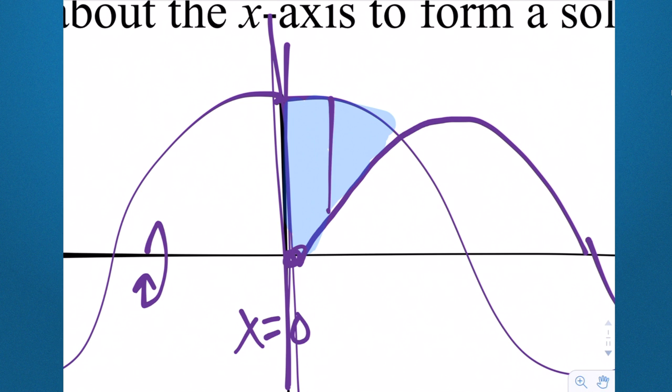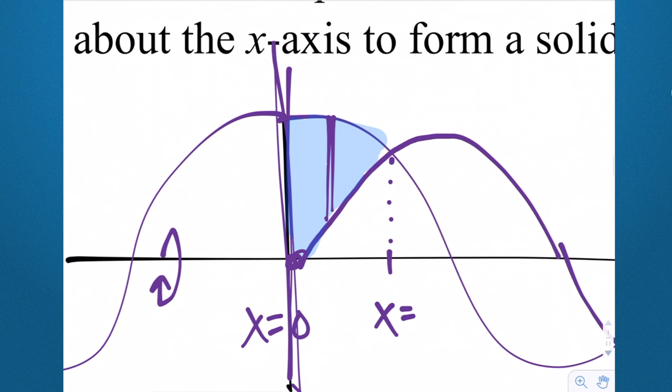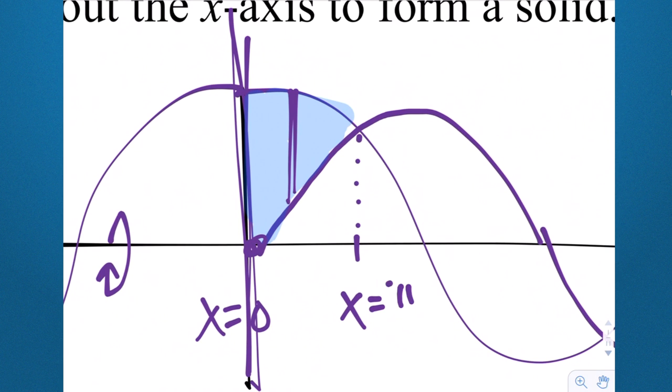Here's the slicing method. From 0 to what? Let's say it's no calculator. I want to know where sine and cosine first intersect. Pi fourths. That's going to be the first time on the unit circle where they have the exact same ordered pair. Square root of 2 halves, square root of 2 halves. Good.